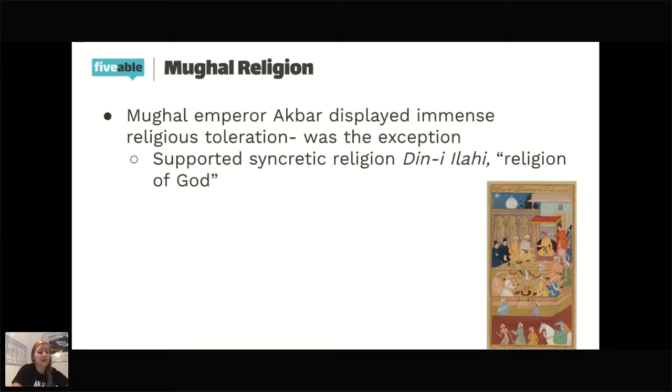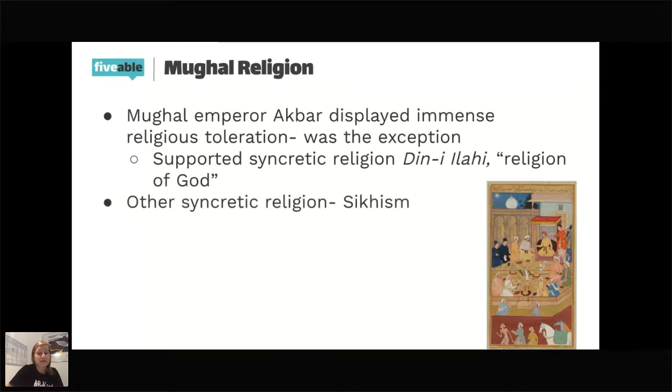He even supported the creation of a syncretic or blended religion, which he called the religion of God, which was mostly a blend of Hinduism, which the vast majority of people in India practiced, and Islam, which was the religion of the Mughals who invaded into this region. But this religion of God also included aspects of Christianity, Jainism, and Zoroastrianism. So again, Akbar was really the outlier with this religious toleration.